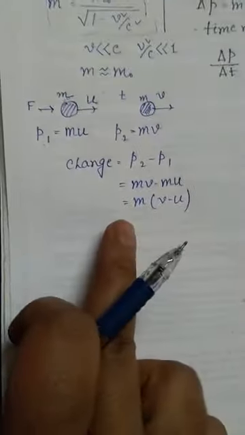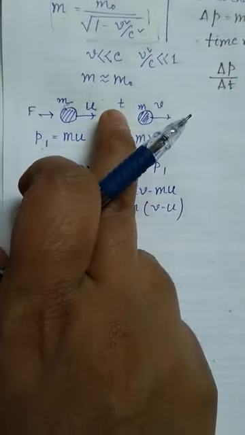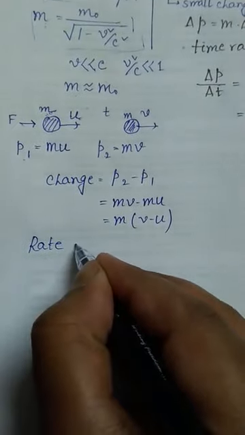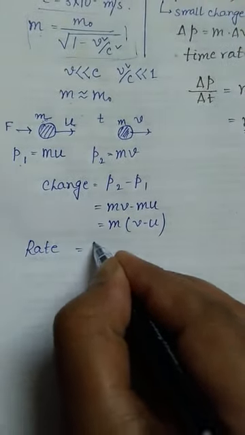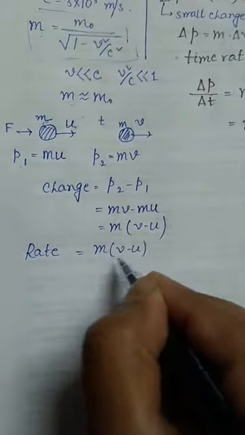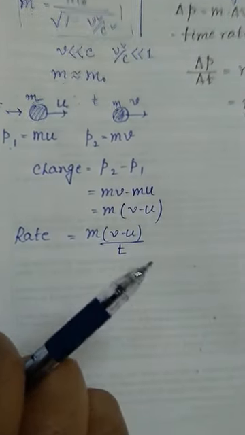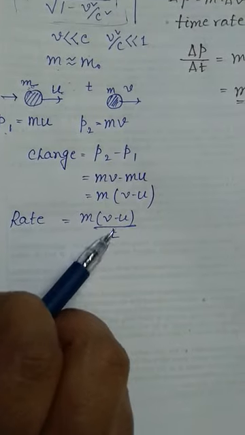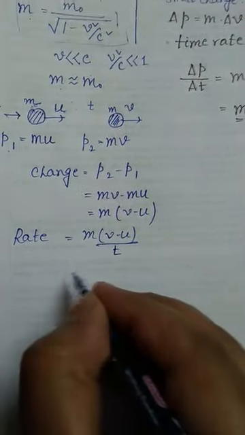Now what is the rate of change of momentum? Nothing but you have to divide by this time t. So rate of change equals change by t, meaning m into (v minus u) by t. And this (v minus u) by t is equal to acceleration, that is, the rate of change of velocity.